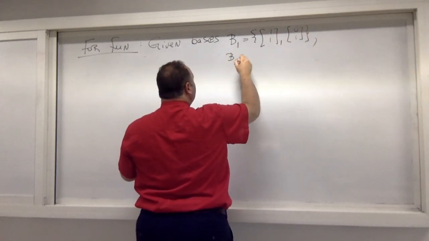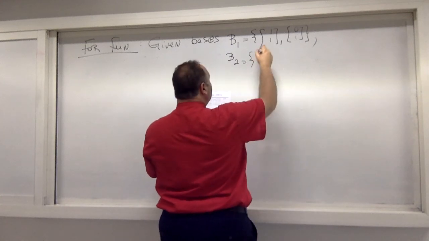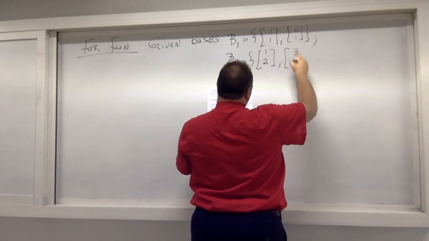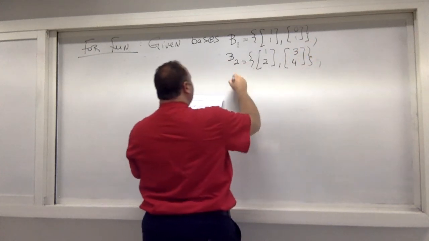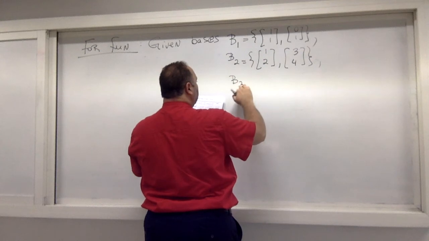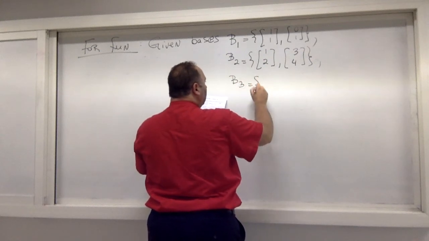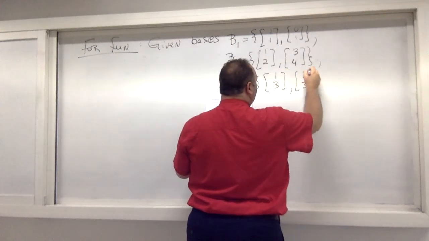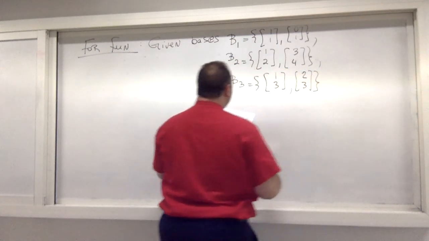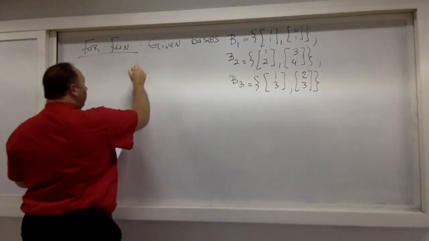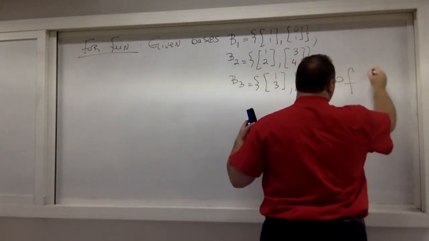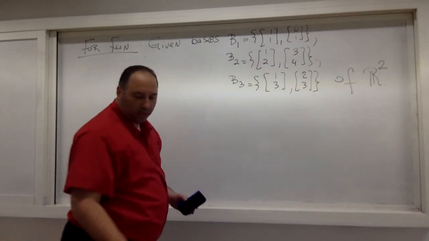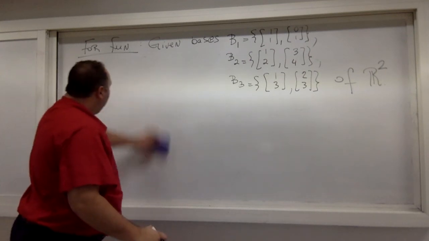B1, B2, value, 1, 2, 3, whoa, somebody was creative. This is B3: 1, 3, 2, 3, whoa. Okay, so these are 3 bases of R2. Cool. So what I want now is transition matrix from one basis to another.